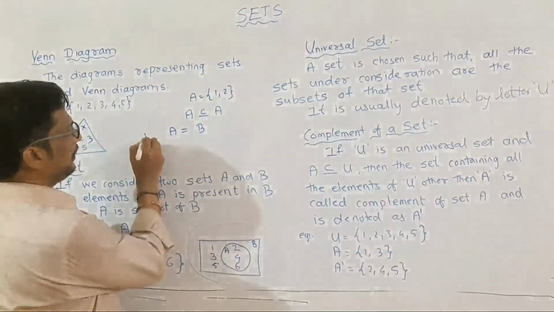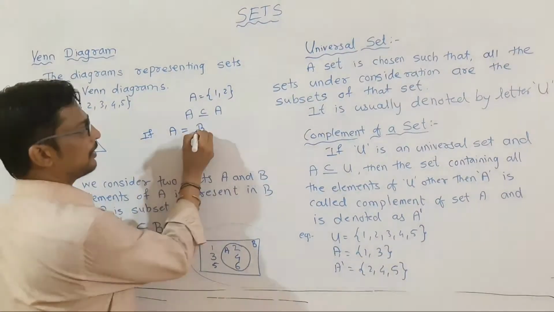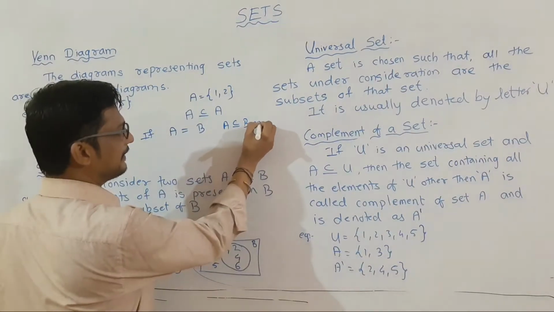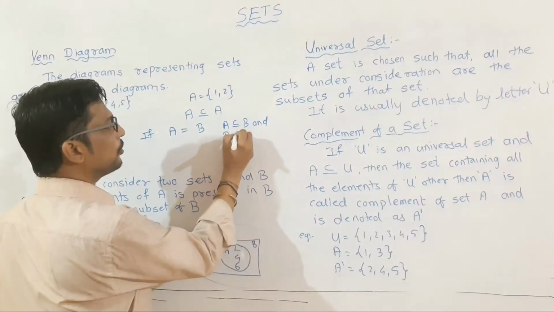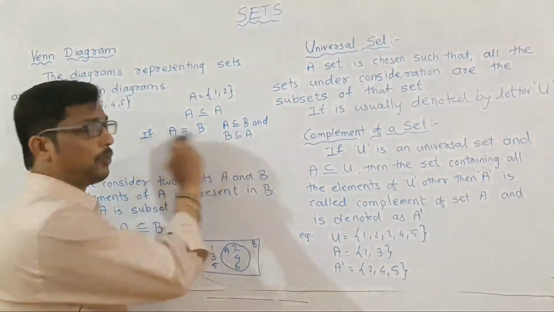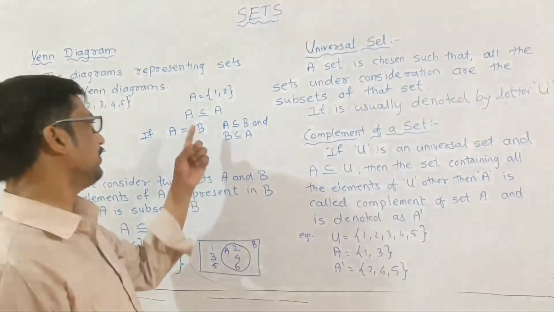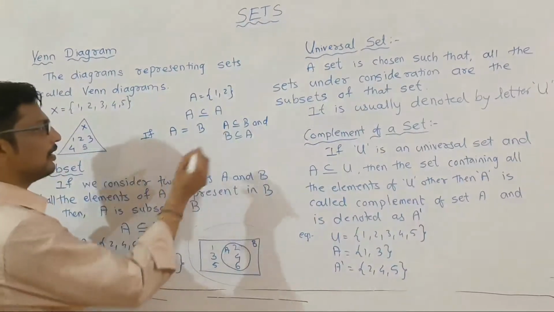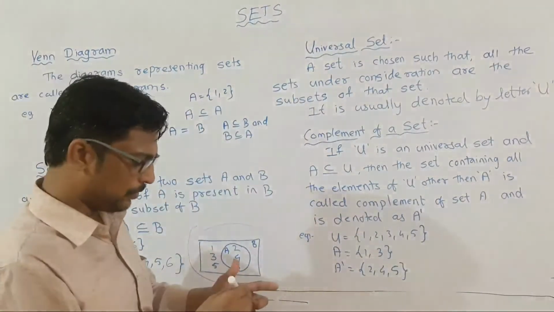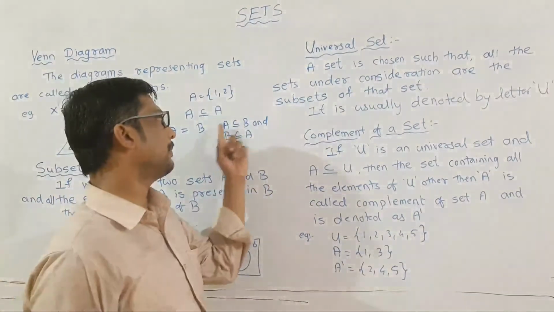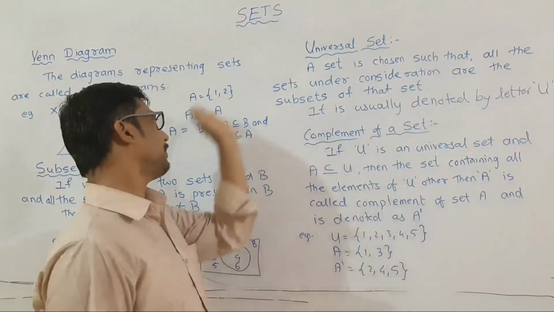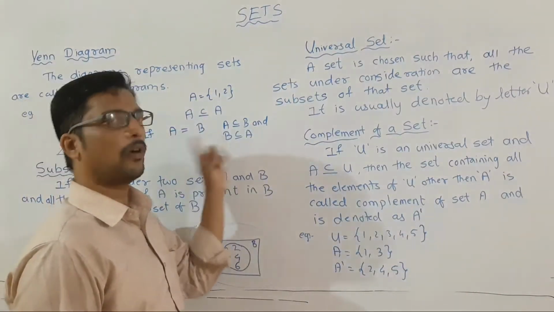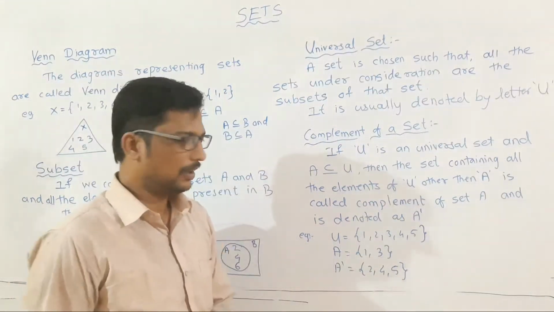Then if set A is equal to set B, then A is a subset of B and B is also a subset of A. This is true if and only if both the sets are equal, isn't it? Conversely, we can also prove that. That means if they have given me A subset of B and B is also a subset of A, that means both these sets are equal. Fine.